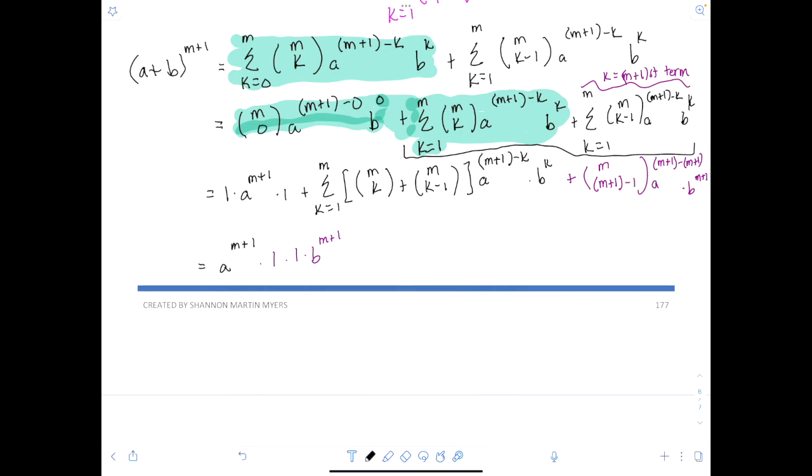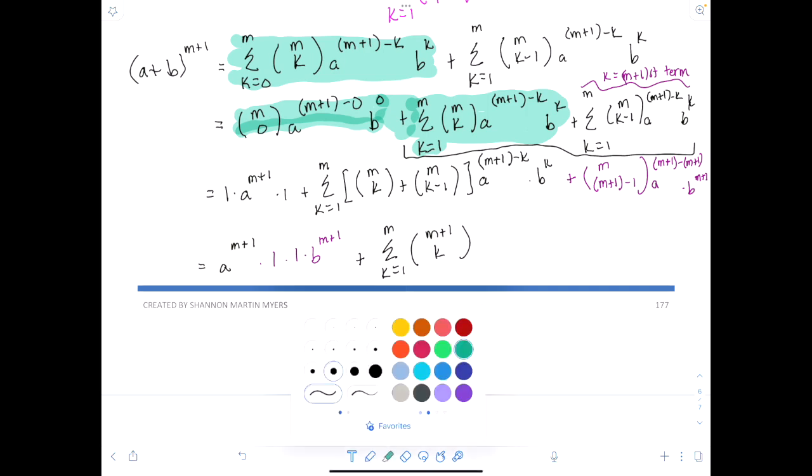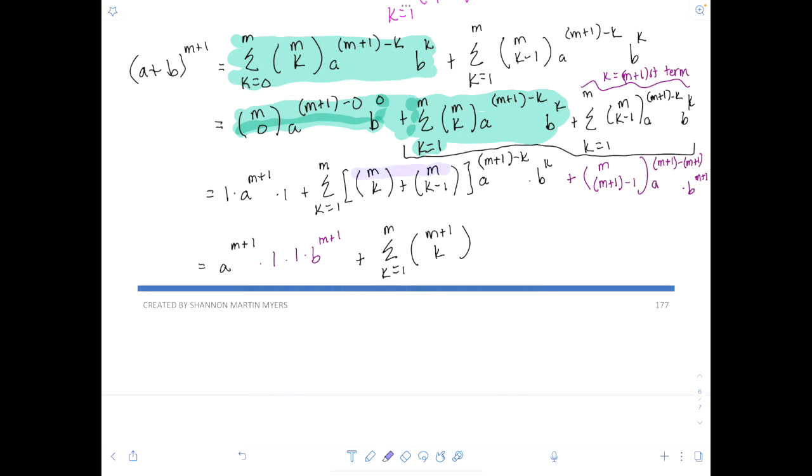And then we will have that summation as k goes from 1 to m. Beautiful. M plus 1, choose k. So, using Pascal's formula, this sum is equal to this combination.